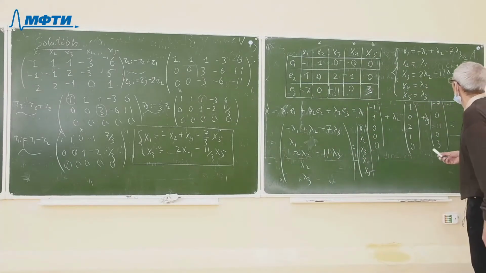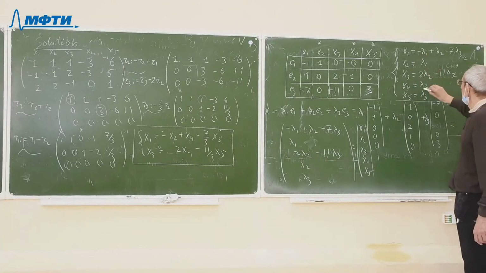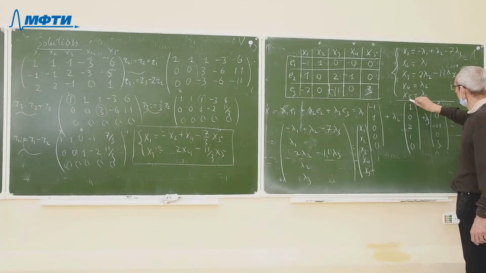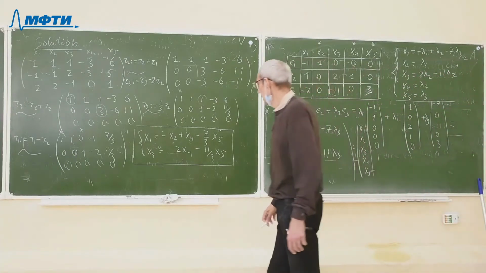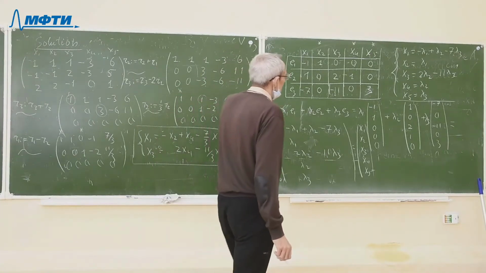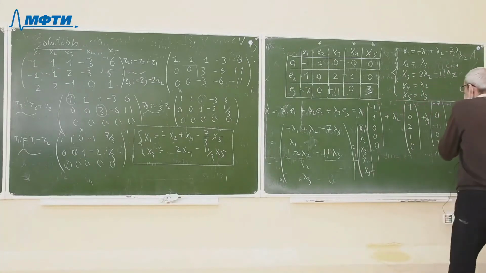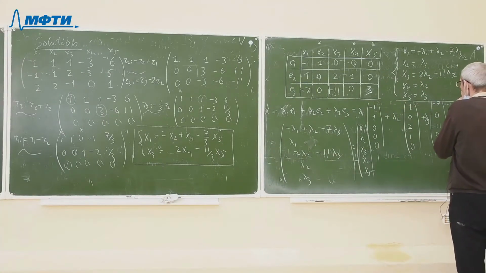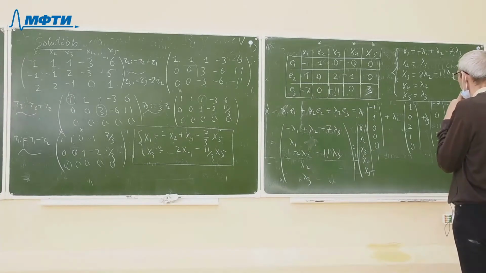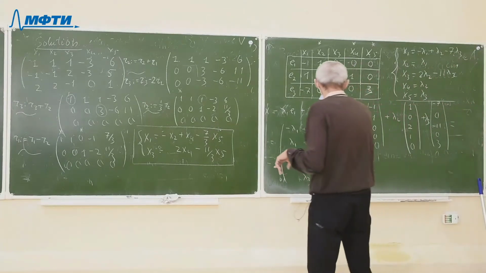If I substitute in this equation, I change lambda 1 by x2, lambda 2 by x4, and lambda 3 by x5. I'm sorry, my mistake.